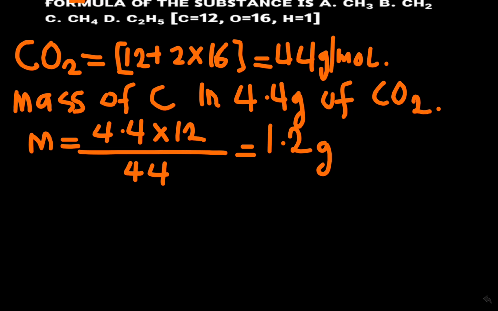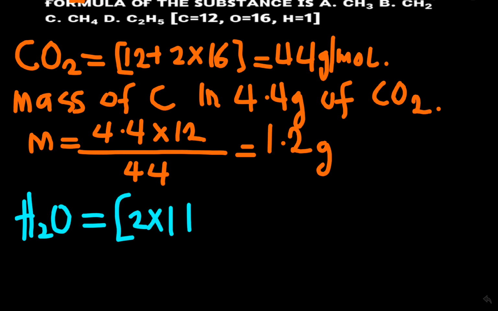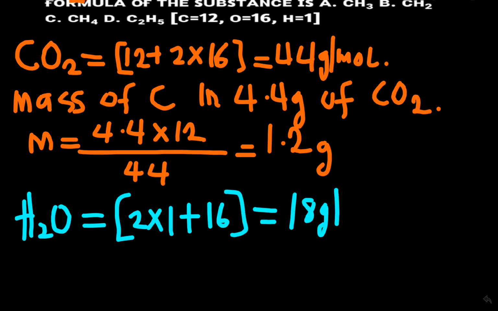So for water, first the molar mass of H2O would be 2 times 1 plus 16, and this will give us 18 grams per mole.